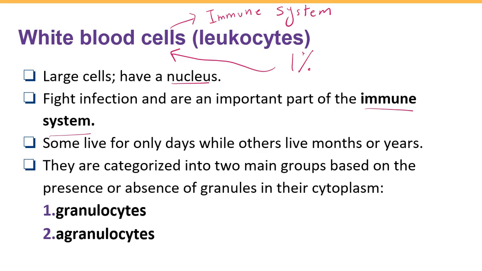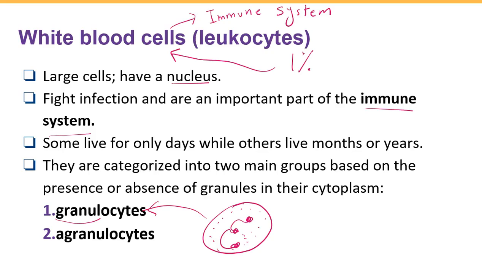They are categorized into two main groups based on the presence or absence of visible granules in their cytoplasm. If you can find granules inside their cytoplasm, we call them granulocytes. For example, a white blood cell with a nucleus and visible granules inside its cytoplasm is one of the granulocytes.